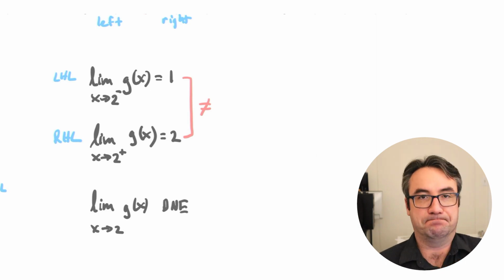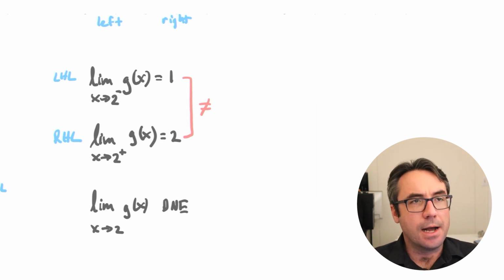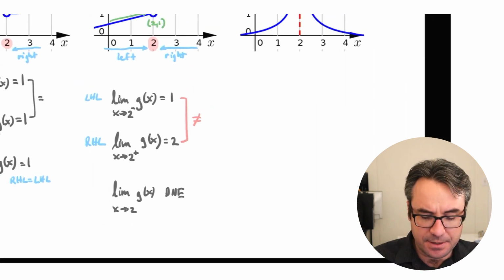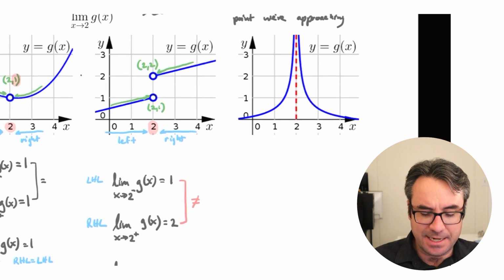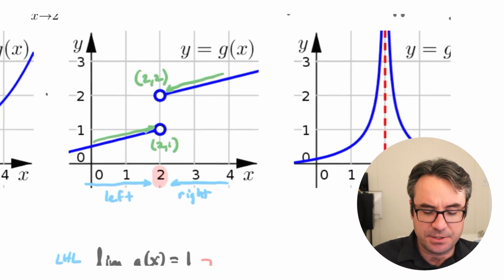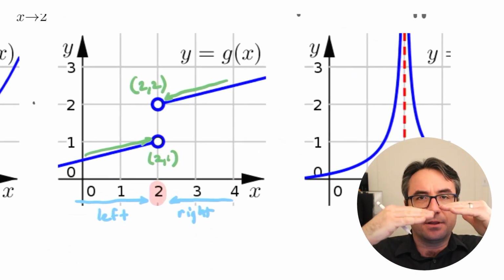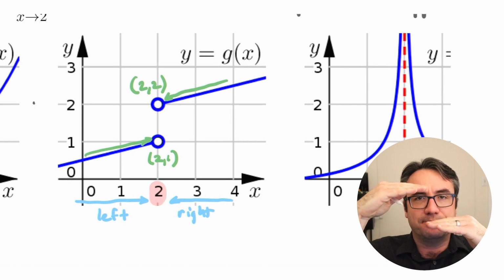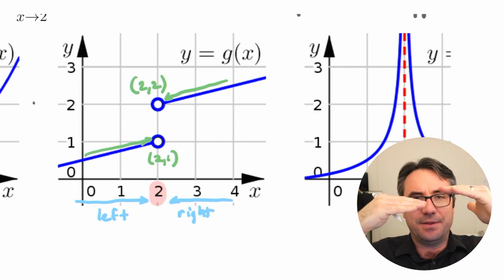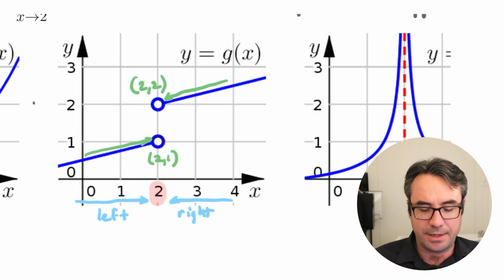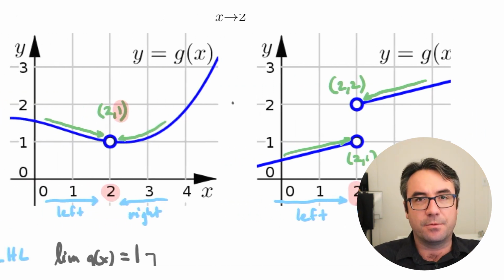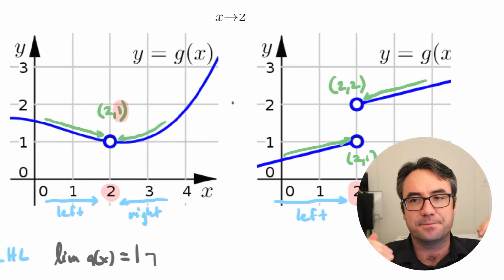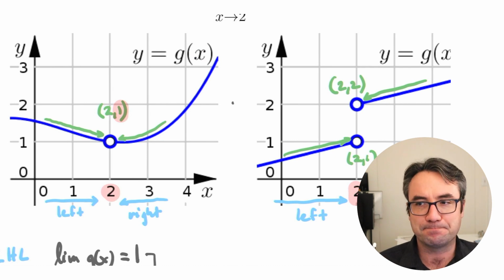So DNE. That's this second graph, and you can see what's going on. The left and right sides don't match up. They don't come together at a common point like the other graph did.